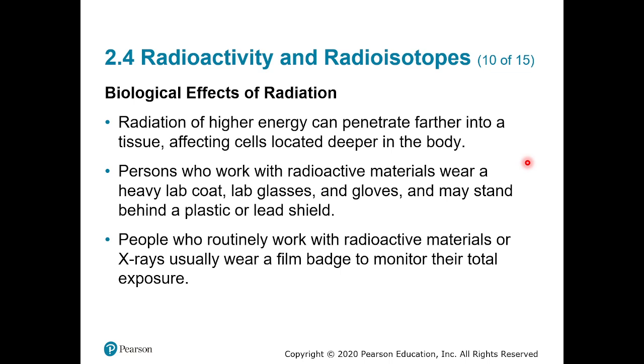This is to monitor their total exposure. It is literally a piece of Kodak camera film in a thin piece of plastic to block the light out. That's it. And then you can see the color of it. If it changes color, you've been exposed to radiation.